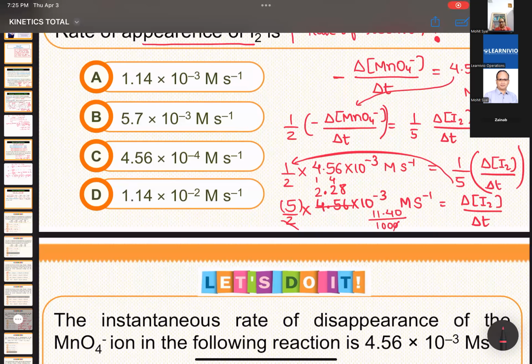Just divide by 10 and make it 1.14. By dividing, the decimal will move toward the left-hand side, so it is 1.14 into 10 to the power minus 2. I hope this is clear to you. Okay, got it? So D is going to be the right answer.